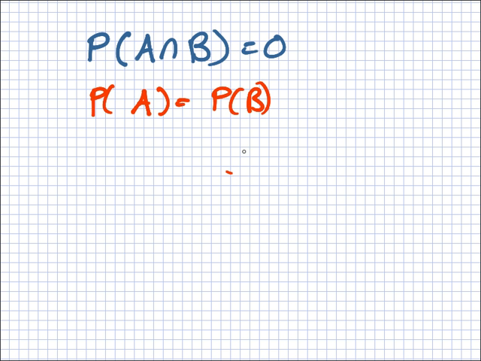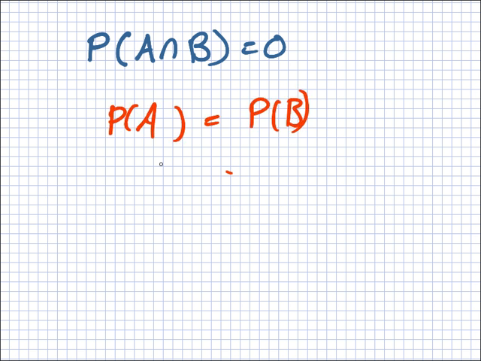Okay, and the next part of the sentence? Is twice as likely. Let's start the sentence again. A and B are mutually exclusive events that are equally likely to happen, and either of them happening is twice as likely as neither of them not happening.